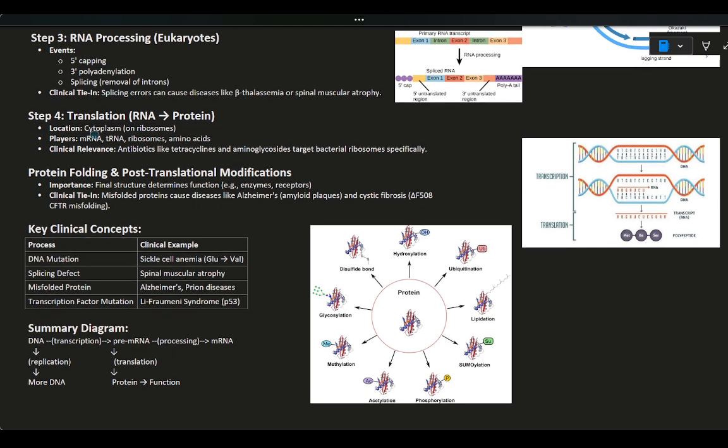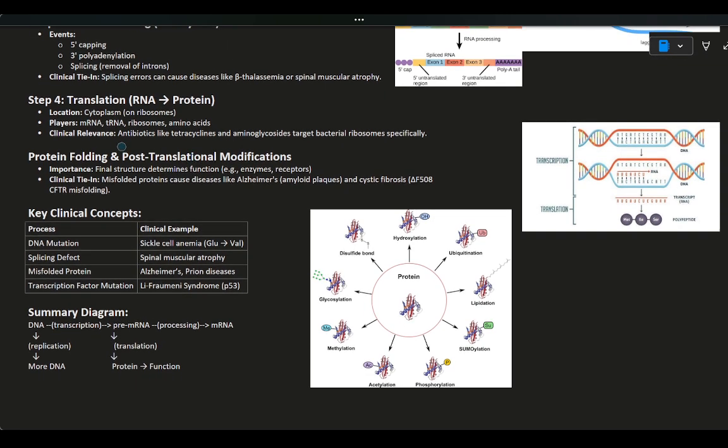The key players in the translation process are your mRNA that you produce through transcription, and then your tRNA that helps to bring each individual amino acid to build an amino acid chain, and of course your ribosome, which is where the actual synthesis of the protein or the amino acid chain takes place. This step is clinically relevant because antibiotics like tetracyclines and aminoglycosides target bacterial ribosomes specifically.